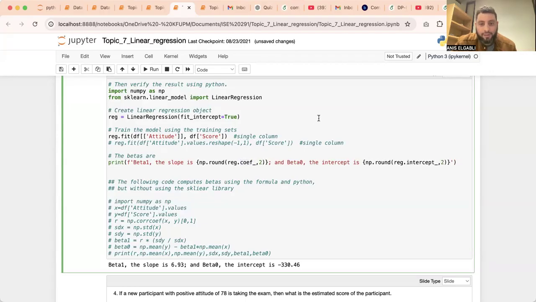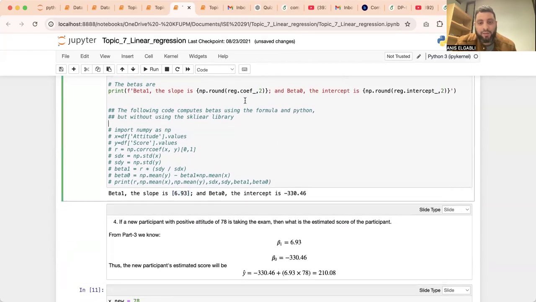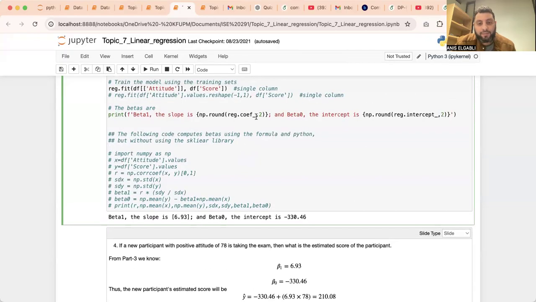If I don't index it, it will return it inside brackets because there is only one. This is very general. If I have more features, then it will return all the weights, all the coefficients. But here, because there's only one coefficient, it returns that coefficient inside brackets.